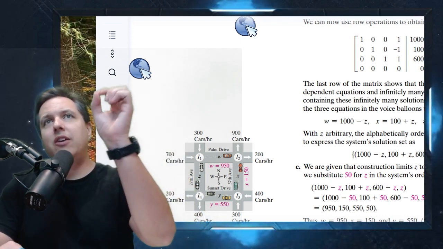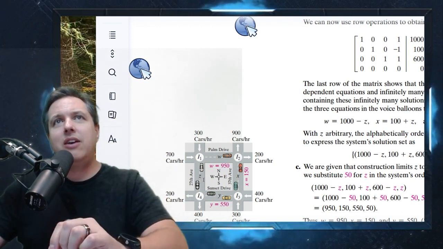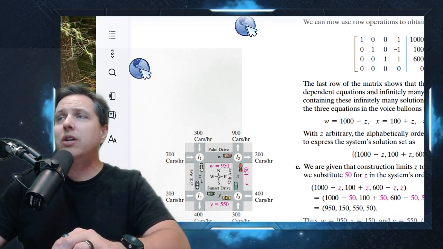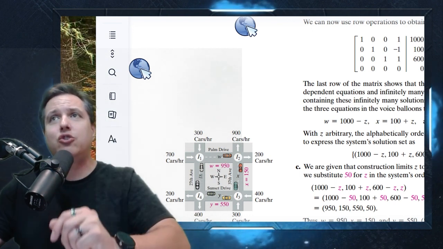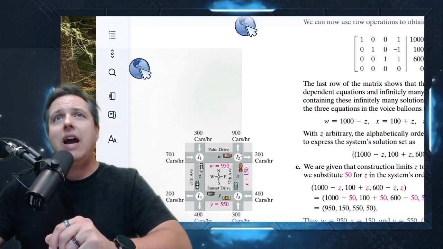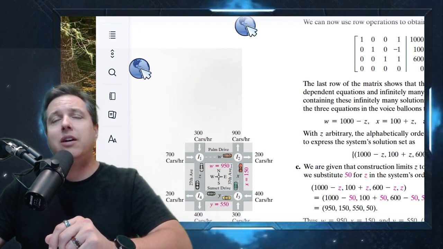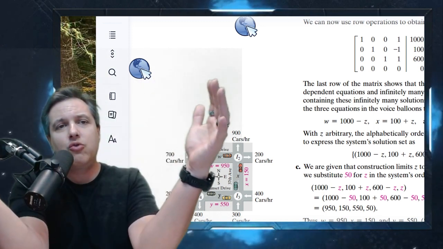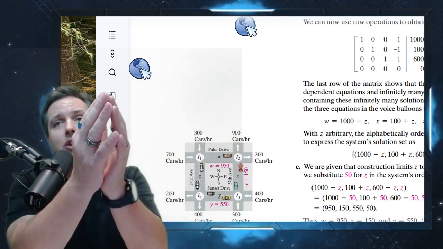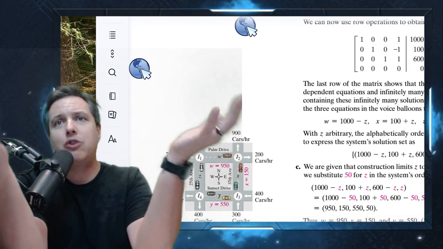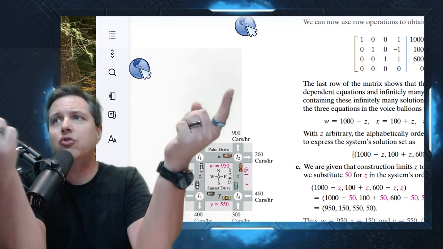So we can start picking values for Z that make sense and say, okay, well, what if, like in this particular problem, they say, what if we restrict Z to be 50 because there's construction going on there? Well, then you take 50 and you plug it in for Z, and that tells you what the traffic will have to be on the other streets. In other words, if you have construction on one street, the streets around it have to be able to pick up some of that extra traffic because people are going to try to go around the construction.